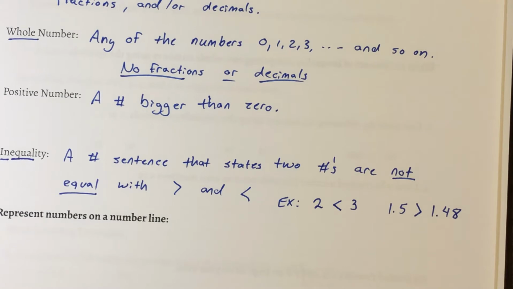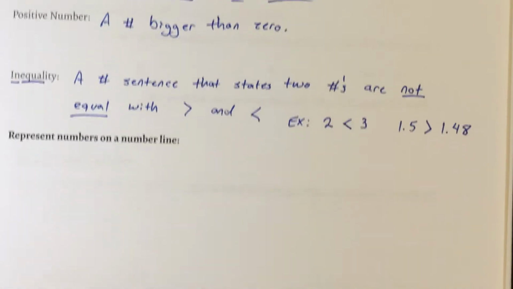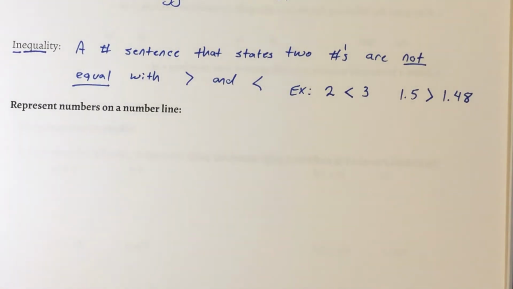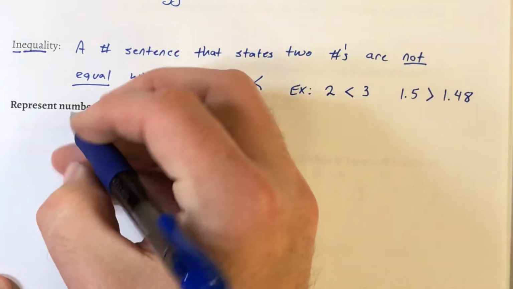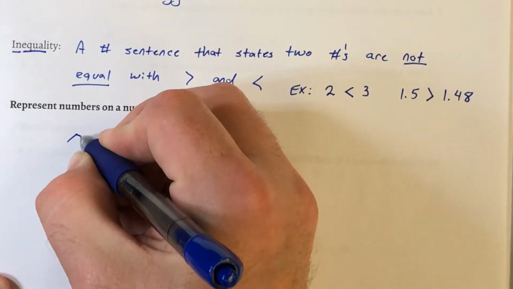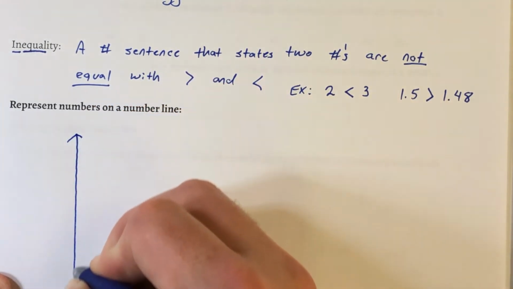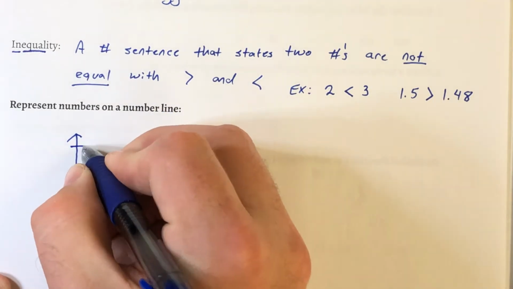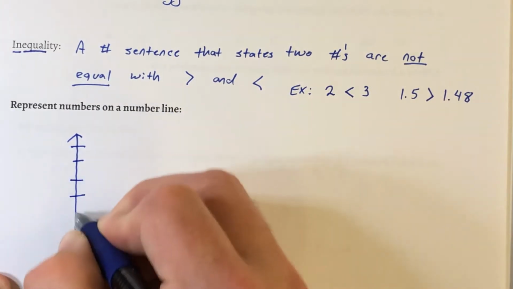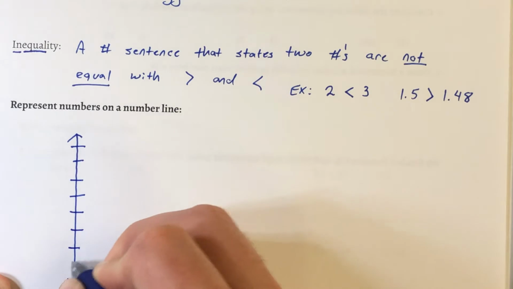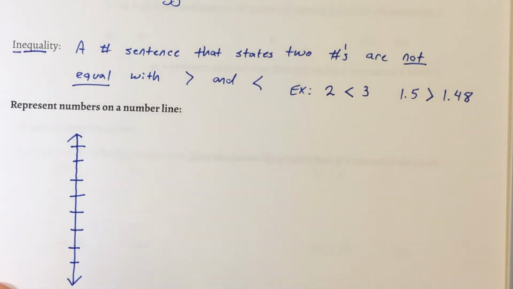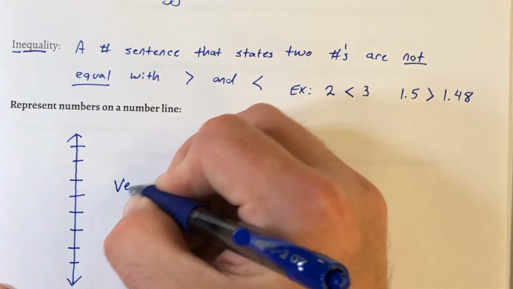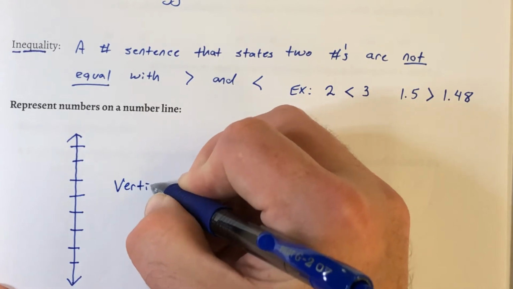So first, let's discuss our 2 types of number lines. We said there were horizontal and vertical number lines. So first, let's focus on the number line that goes up and down. That is referred to as our vertical number line.